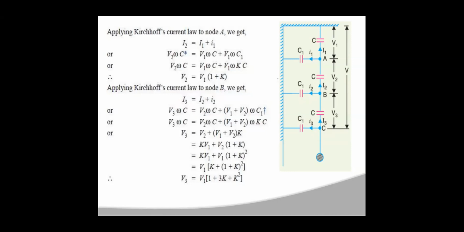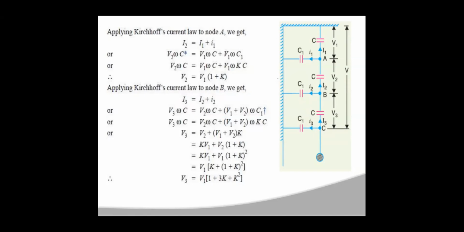I3 is the current flowing through disk 3, and the voltage across the disk is V3, so I3 can be written as V3 omega C. I2 is the current flowing through disk 2, with voltage V2, so it is V2 omega C plus small i2. Small i2 is the current flowing through the second shunt capacitance C1.